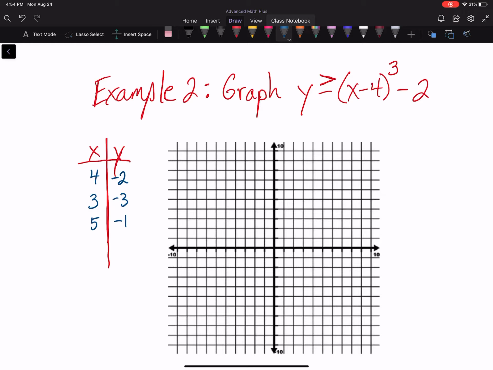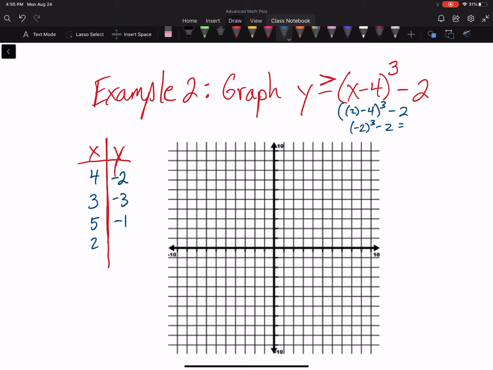And then let's do 2 more. So 2 to the left of 4 would be 2. If I plug in 2, again, I'm just plugging in up here and doing it in my head, okay? So 2 minus 4 is -2. (-2) cubed minus 2. (-2) cubed is -8.